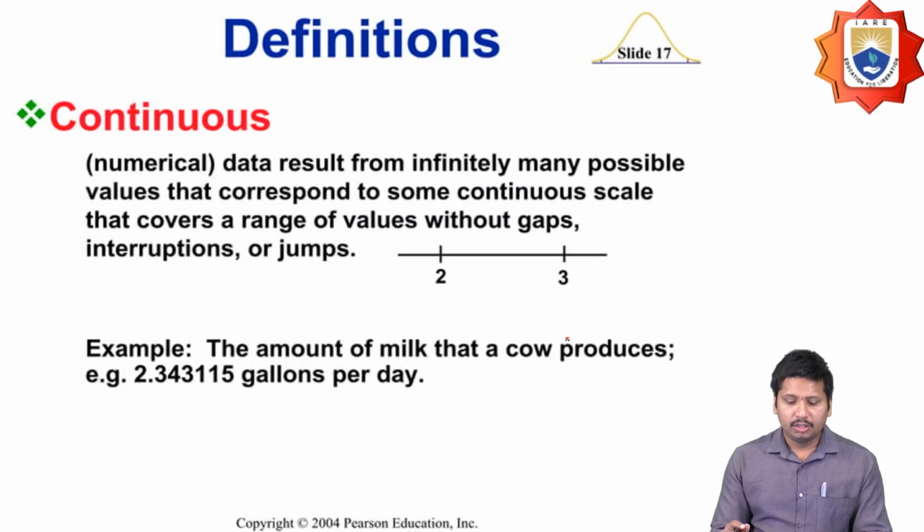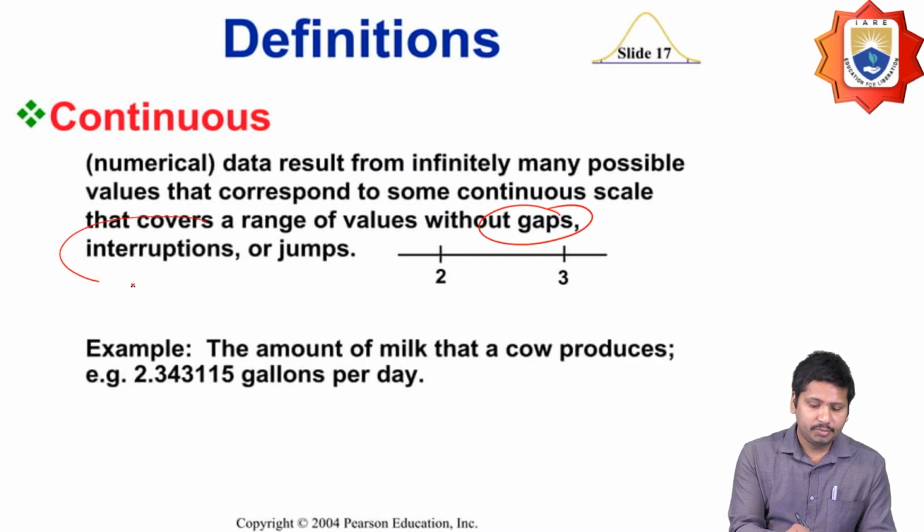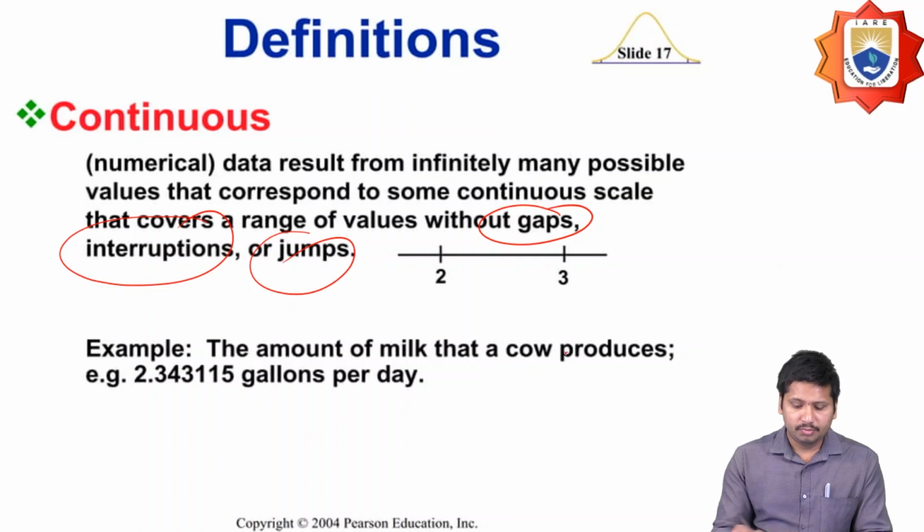So data gathered with respect to time should also be treated as continuous data, numerical data that can result from infinitely many possible values on a continuous scale, without gaps, interruptions, and jumps.